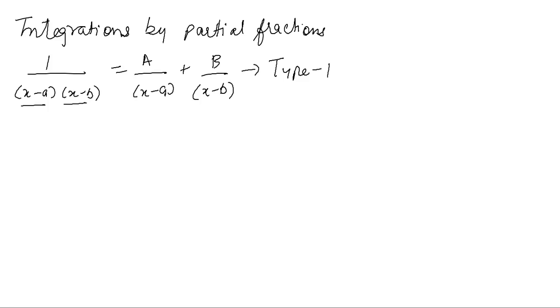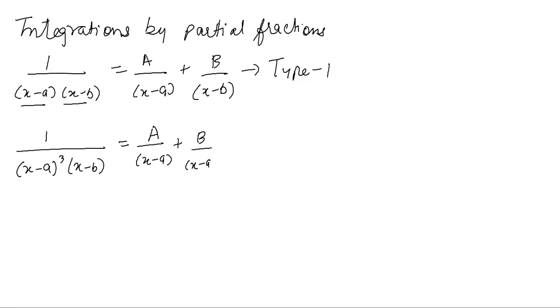Then we will discuss type 2, where the factors are still in linear form only, but they are in the repeating form. You can see that here x minus a is getting repeated thrice. So here we'll apply this logic: a upon x minus a plus b upon x minus a whole square plus c upon x minus a whole cube and d upon x minus b.